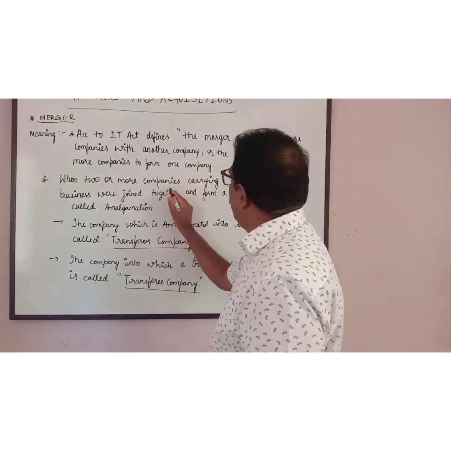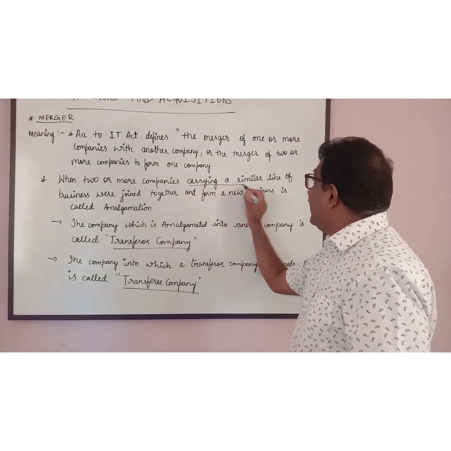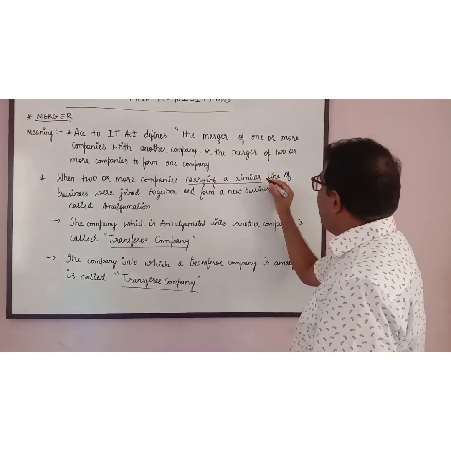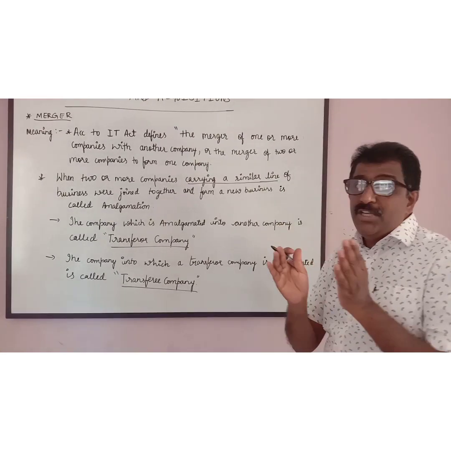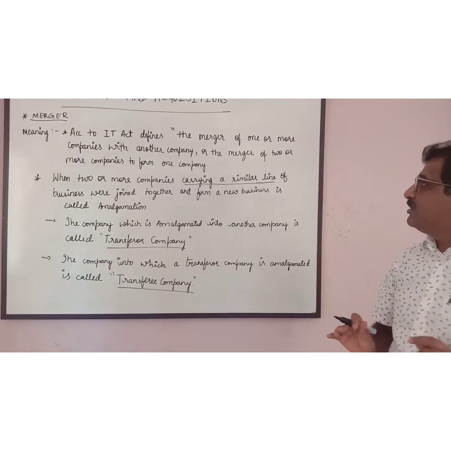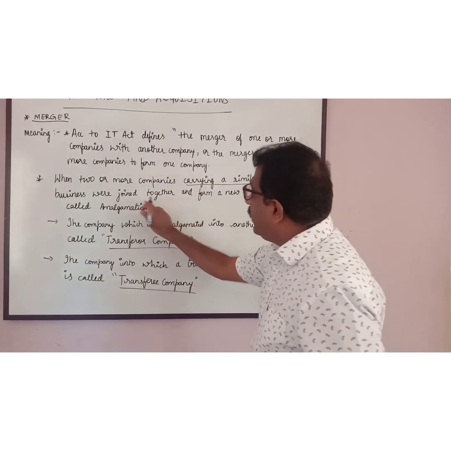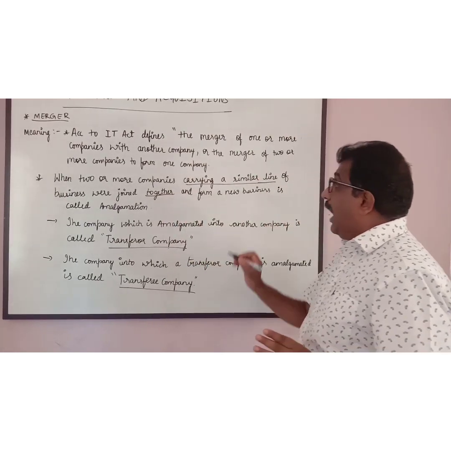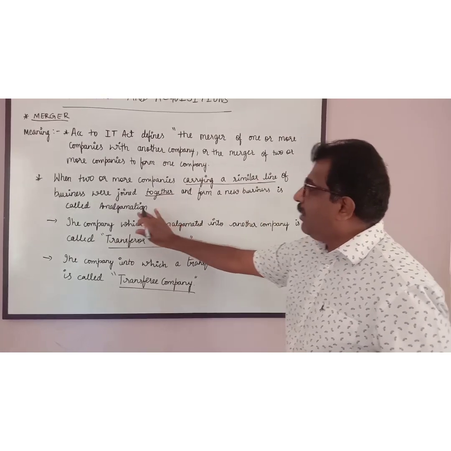When 2 or more companies carry a similar line of business, both companies should have the same type of business, and if these 2 companies join together and form a new business, it is called amalgamation.